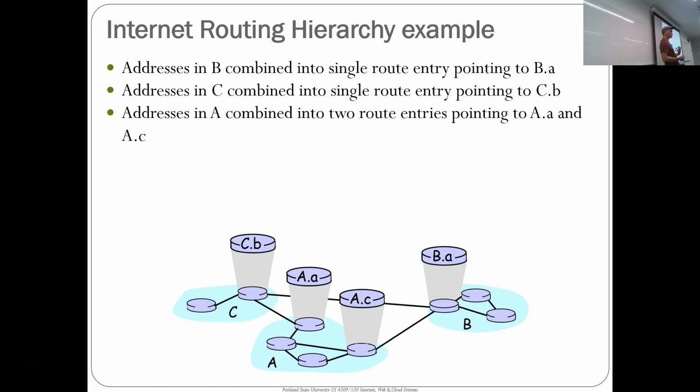So that's basically how the routing hierarchy on the internet works, and that's how we get scale, right? That's how we can route to 4 billion hosts, is that we can do this kind of aggregation.